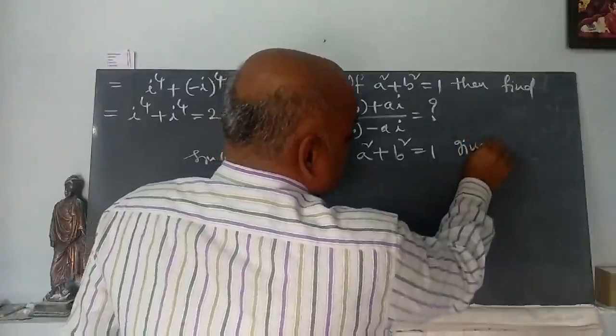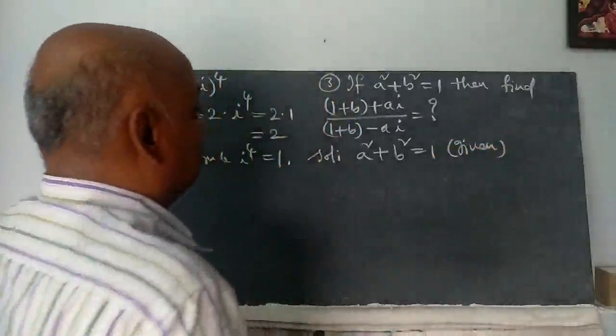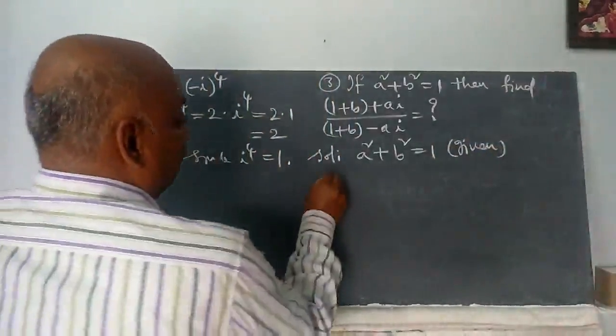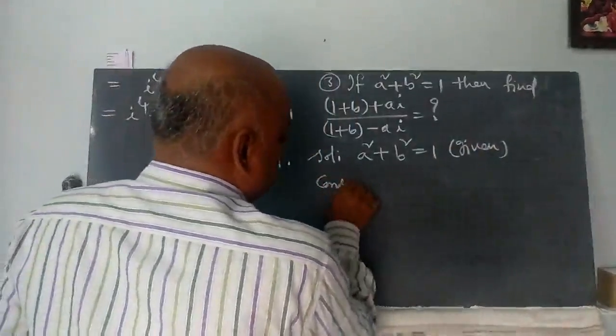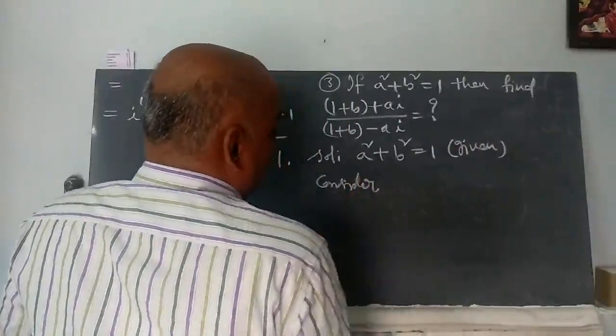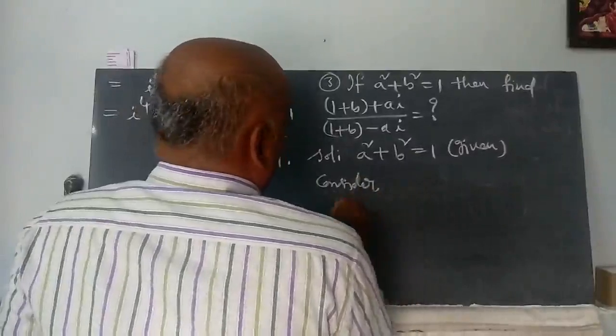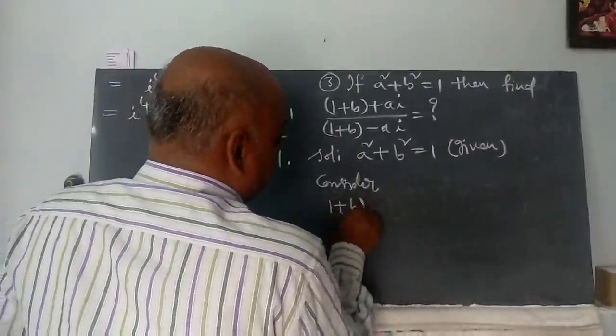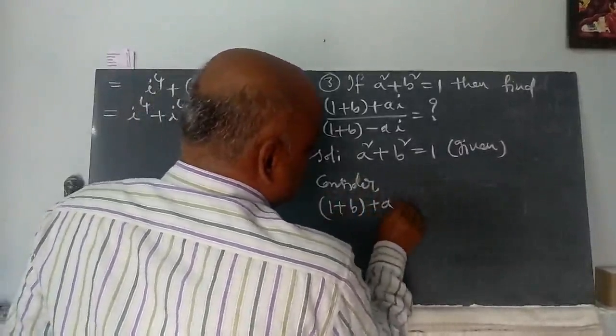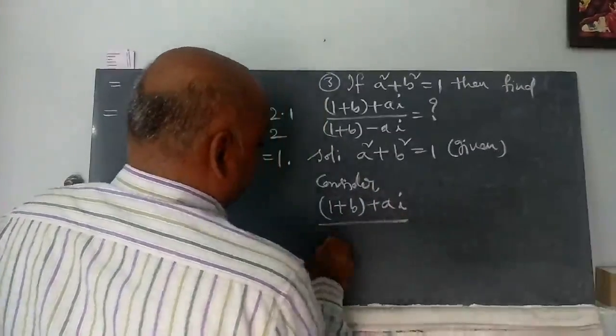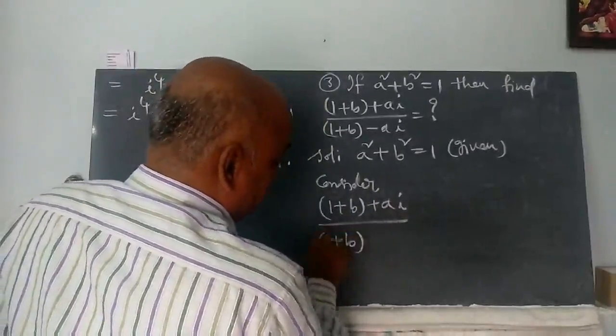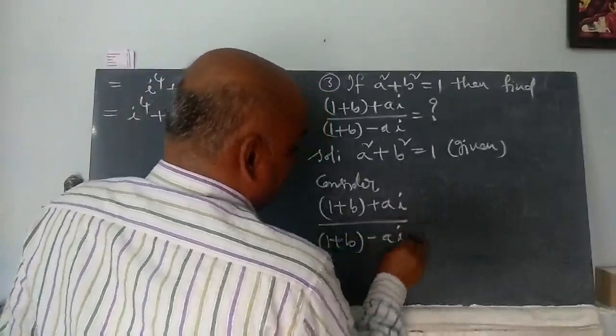This is given. Consider 1 plus B plus Ai by 1 plus B minus Ai.